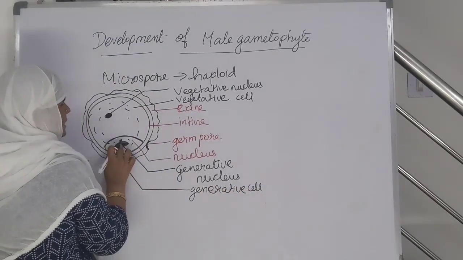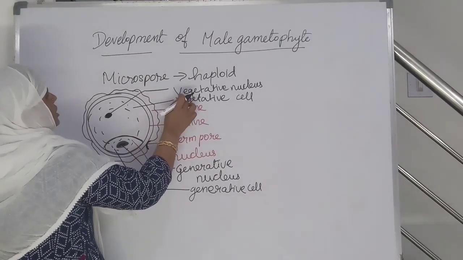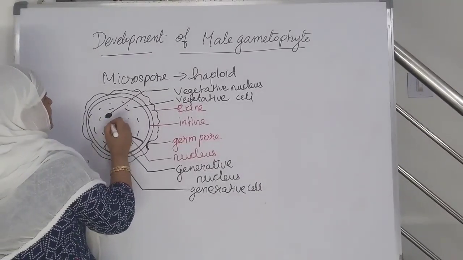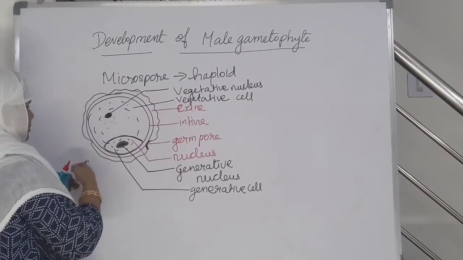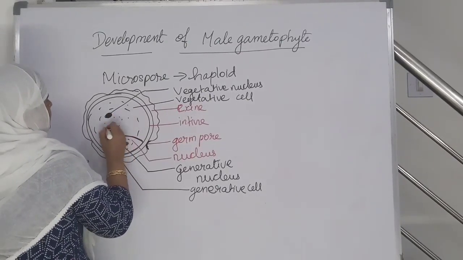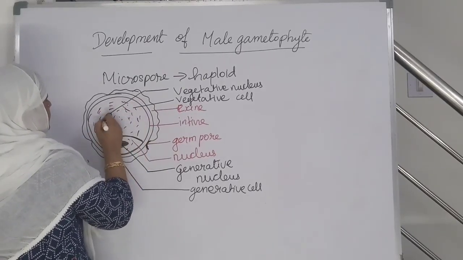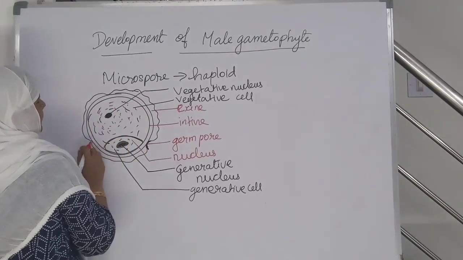This generative cell consists of the generative nucleus. The vegetative cell consists of the vegetative nucleus, and this vegetative cell also contains food granules, like this, food reserves.